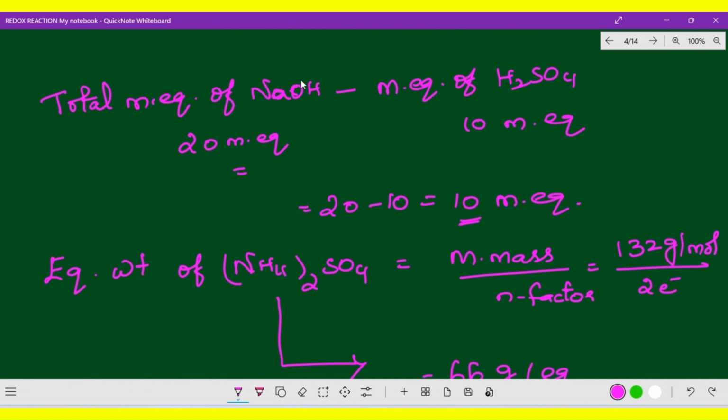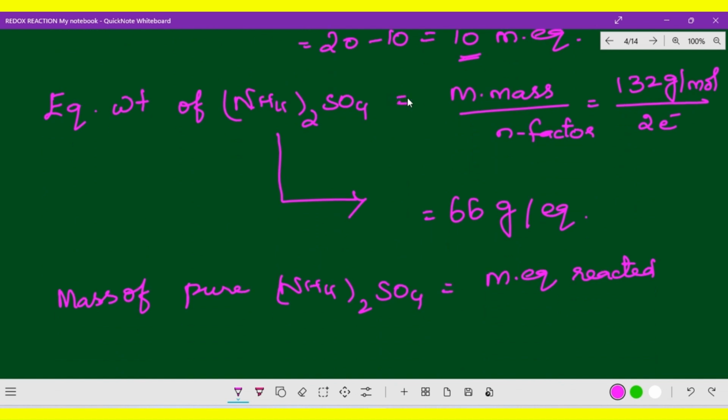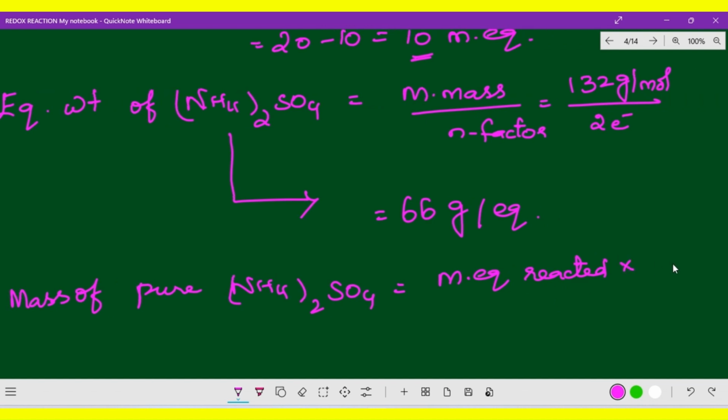Total milli equivalent of sodium hydroxide minus milli equivalent of H2SO4, so you will get the ammonium sulfate reacted, milli equivalent of reacted times equivalent weight. Equivalent weight, how much did we get? 66 gram per equivalent divided by 1000.